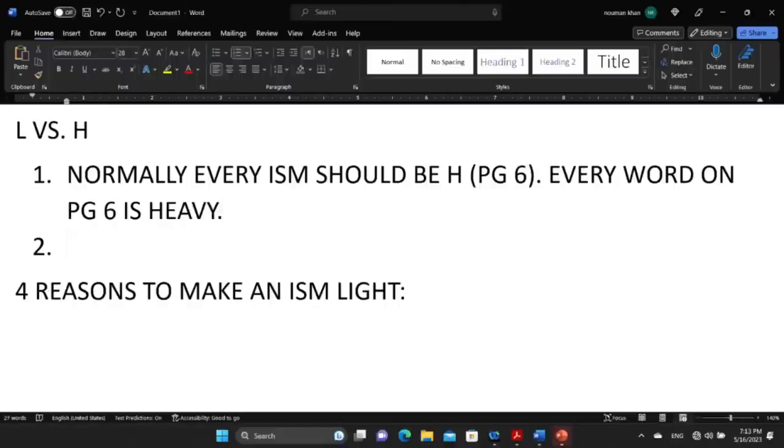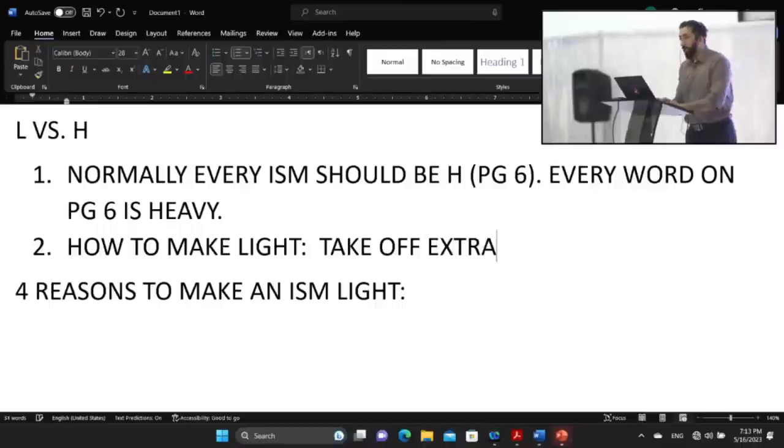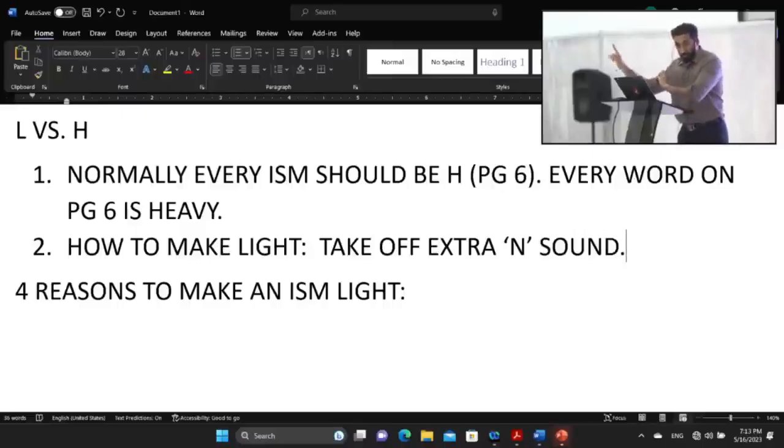Second, how to make light. How do you make light? Take off what I call the extra N sound. Not the N sound, the extra N sound.